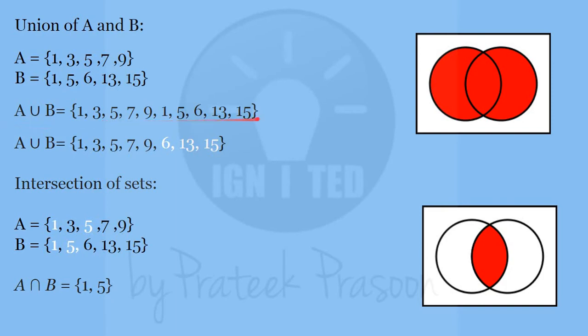What we will have to do is exclude those elements which are repeated, because I said earlier that union of sets will contain only one copy of each element. So this U sign stands for union, and that is why we will write the A set first, and from B we will write only those elements which are not repeated.